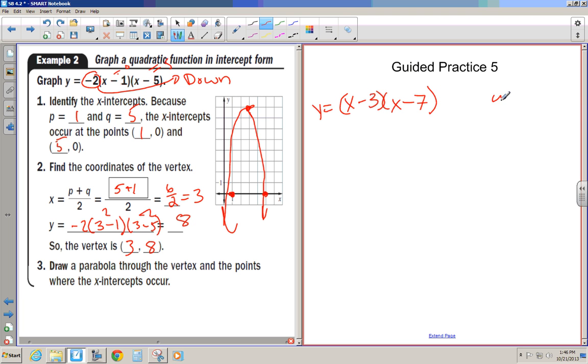Okay, it opens up. The first step, plot the x-intercepts, 3, 0, 7, 0.